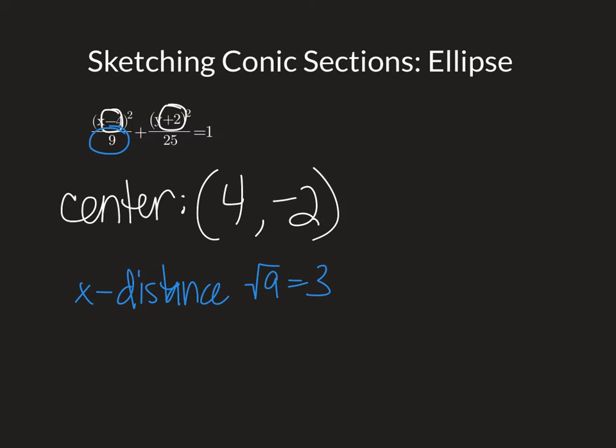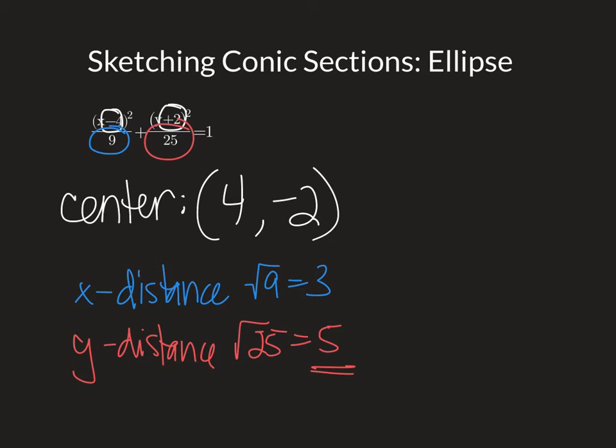Then we look at the number underneath the y, and that's a 25, so we have to go 5 units, the square root of 25, in the y direction. Because y is bigger, this is going to be your major axis, or major length, and because the x one is smaller, this is going to be your minor axis along the x-axis.